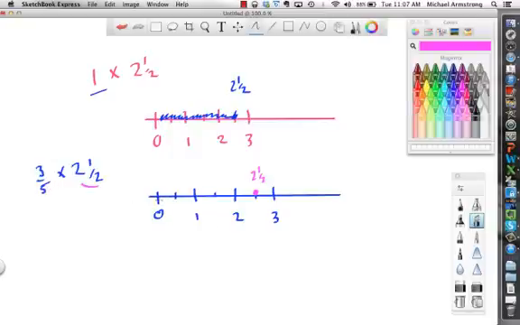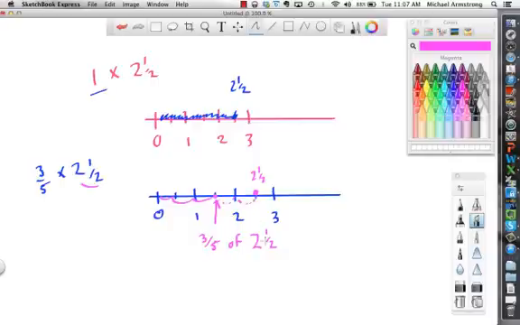Now if I count my halves, I've got 1, 2, 3, 4, 5. So I actually have 5 halves. So if I want to count 3 of those 5 halves, that gets me here. So this point is 3/5 of, which means times, 2 1/2, which actually equals, if we count it over, 1, 2, 3 out of a potential 5.